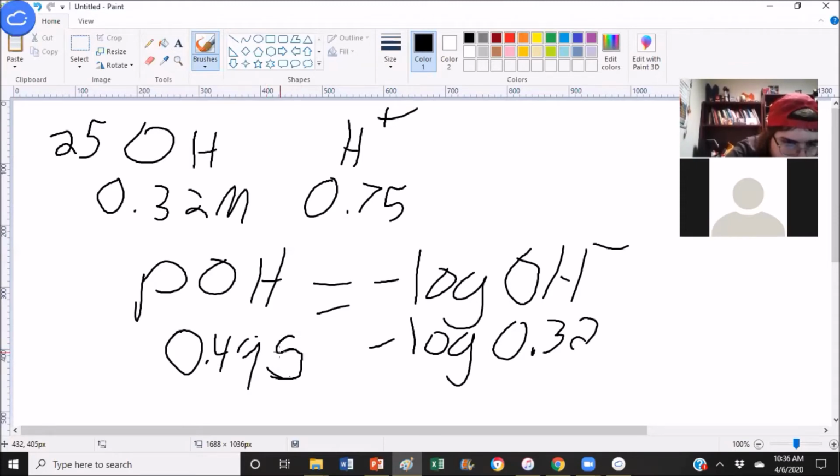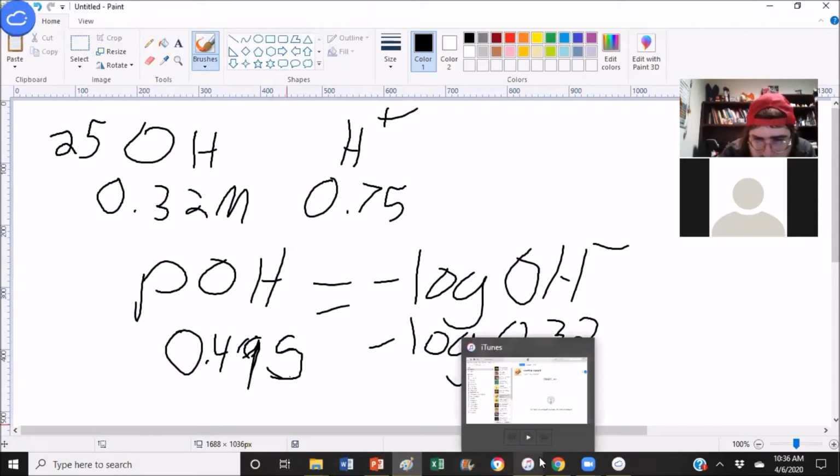Now to calculate pH, you say 14 minus pOH. So 14 minus 0.495 is going to be 13.505.